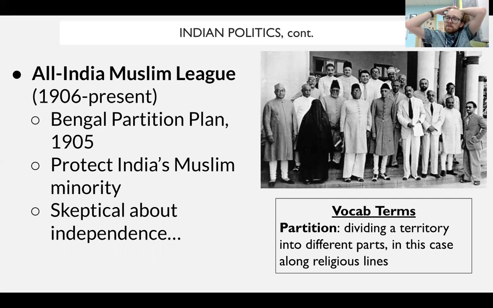So the Muslim League by this point is skeptical about independence. They are not necessarily pro-British, but they see them as a necessary evil to prevent a Hindu-majority government from forming.